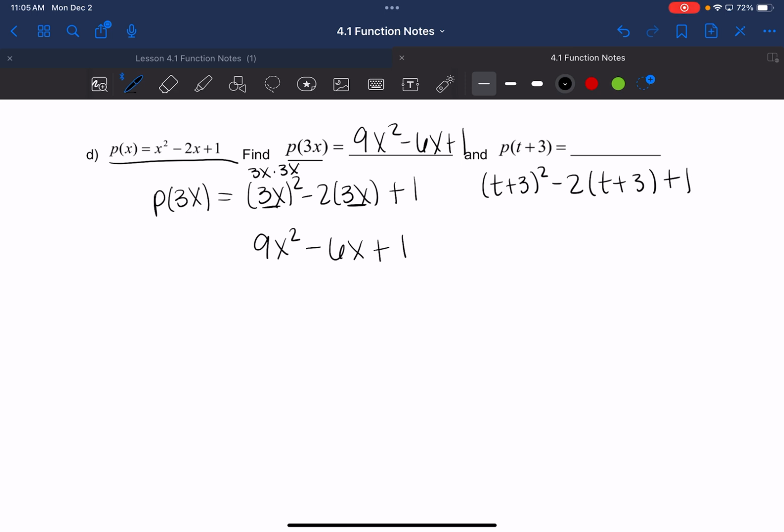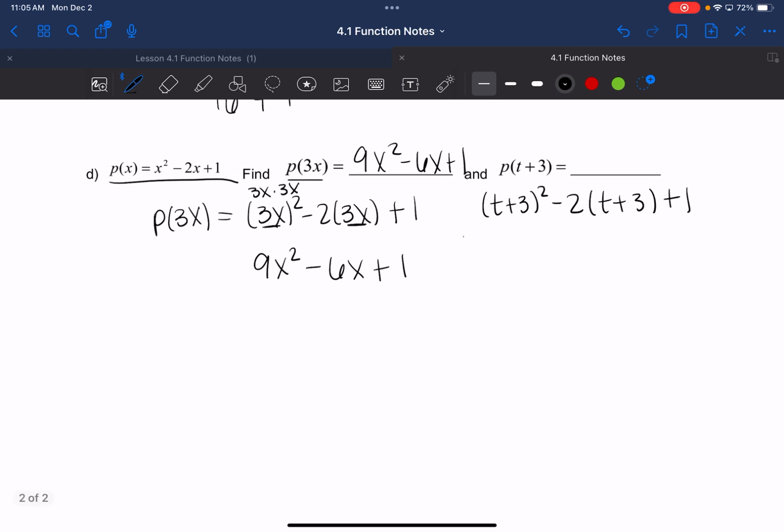All right. So again, order of operations, where am I going to start? Yeah, the t plus 3 squared, the exponent. And again, what does it mean to square something? Okay, so this means t plus 3 times t plus 3. That is not t squared plus 9, right?